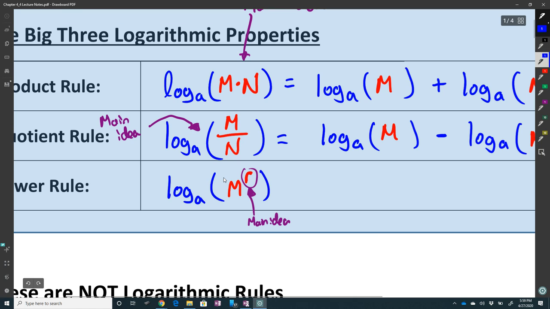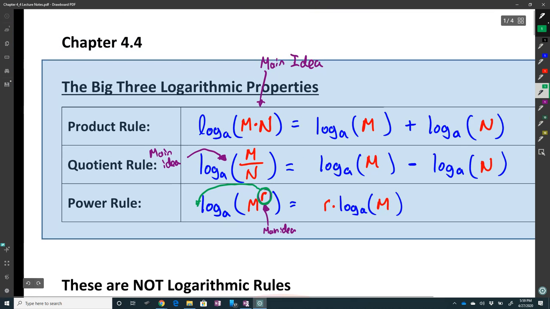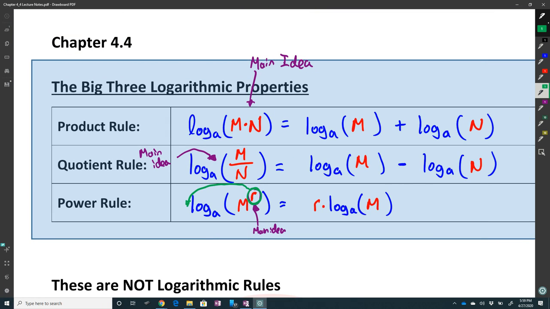What happens is that we get our log base A of M, M goes on the inside, and the r goes in front. So really what happens here is this r kind of flies to the front. But it only does that if it's the main idea inside the log.